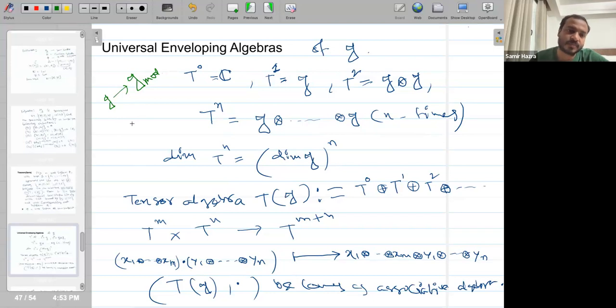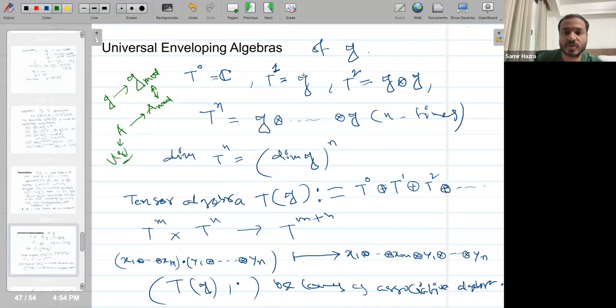We ask whether there is an associative algebra A such that the representation theory of G and of A are the same, in the sense that there is a bijection between G modules and A modules. So this associative algebra exists, and that is the universal enveloping algebra, which is denoted as UG.